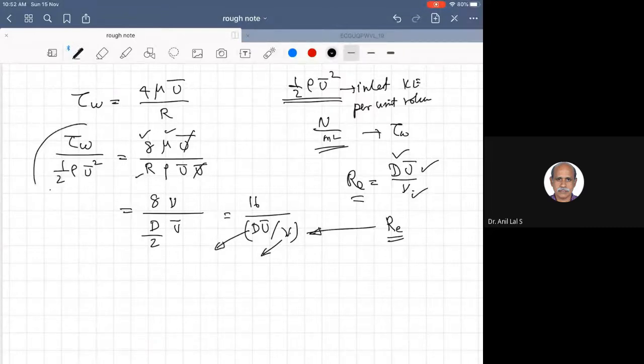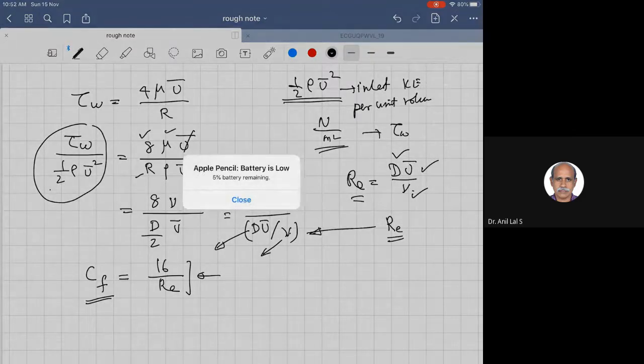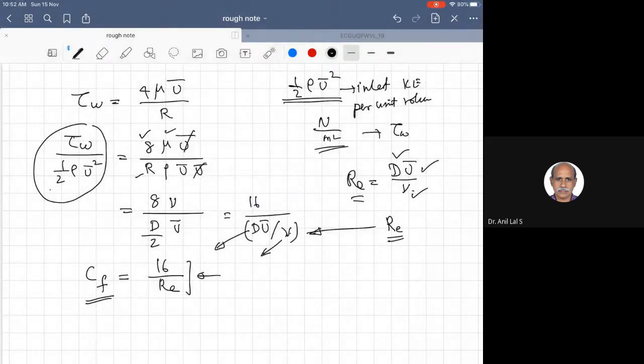This is a dimensionless quantity. This is called the coefficient of skin friction, CF. So that is 16 by Re. So the coefficient of skin friction is 16 by Re. That is the coefficient of friction, which is also called Darcy's coefficient of friction.